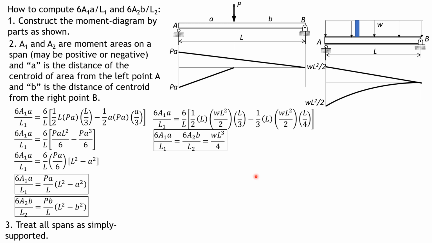Then, another way of deriving these formulas is by considering the result of the simple case, which is due to this concentrated load. So we have to cut a strip so that we can have a differential concentrated load, dP, and it is equal to the area of the strip, which is W times dx.